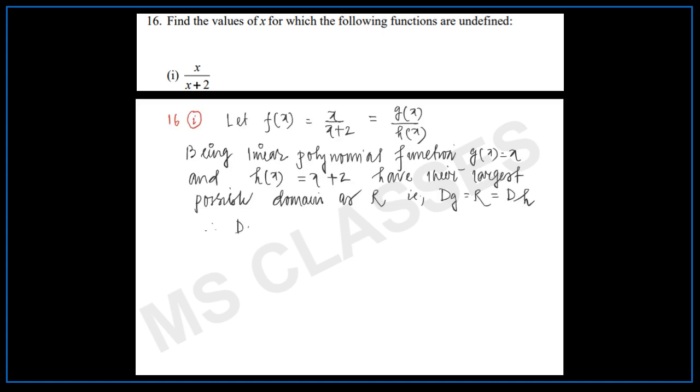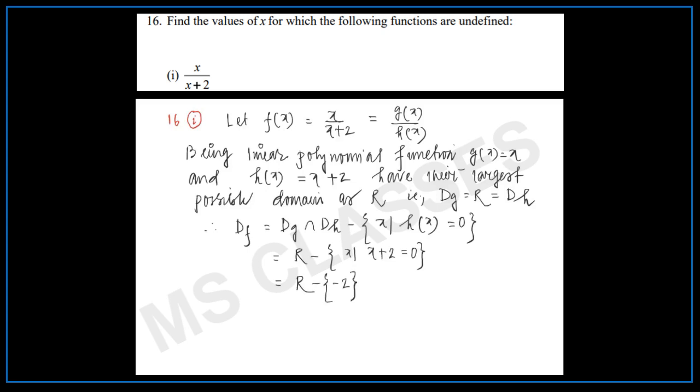Therefore, the domain of f equals the domain of g intersection the domain of h, minus those values of x for which h(x) equals 0. That is R minus {x such that x + 2 equals 0}, that is R minus the set containing −2.